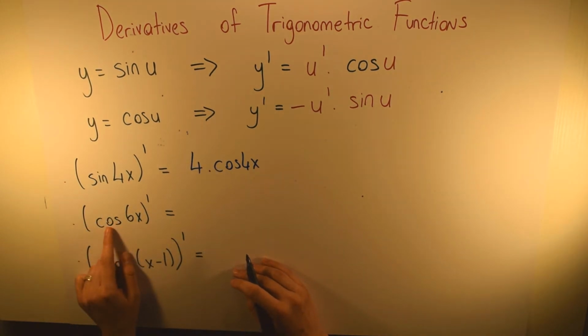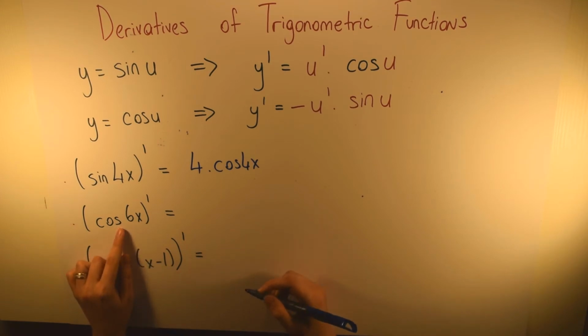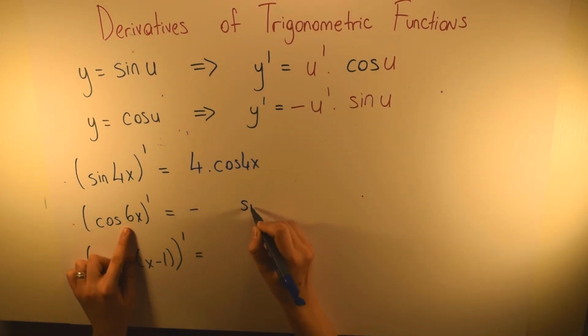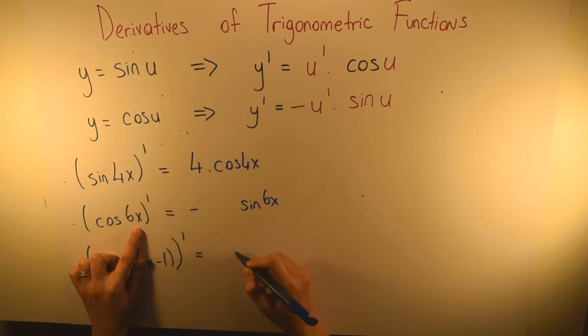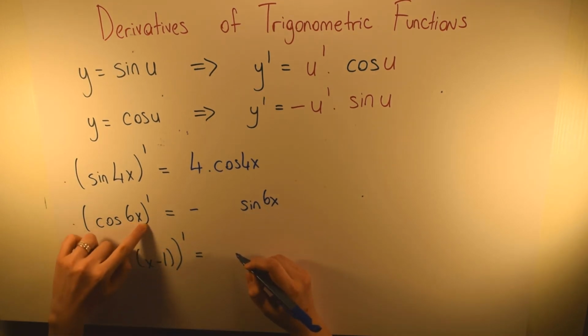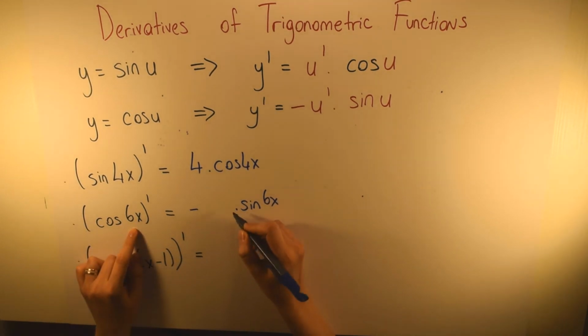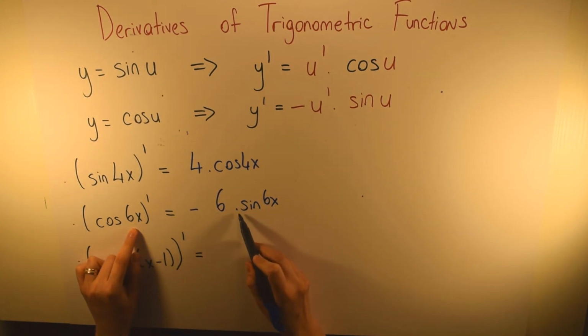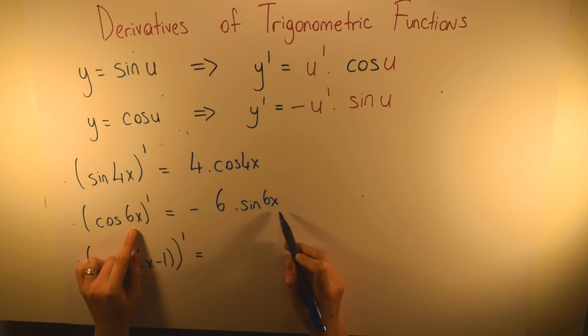Here we have the derivative of cosine 6x. So I know that the derivative of cosine x is minus sine, so it will be minus sine 6x. And also I need to take the derivative of this 6x, which is equal to 6. So this is equal to minus 6 sine 6x.